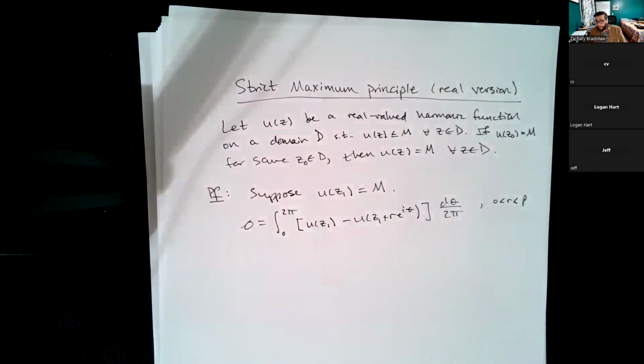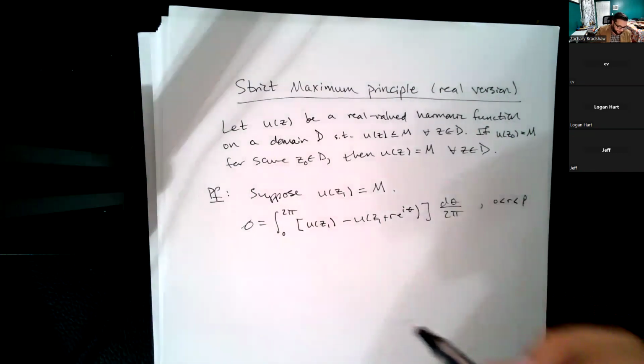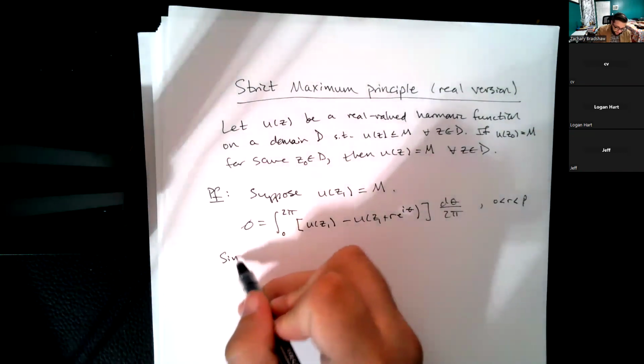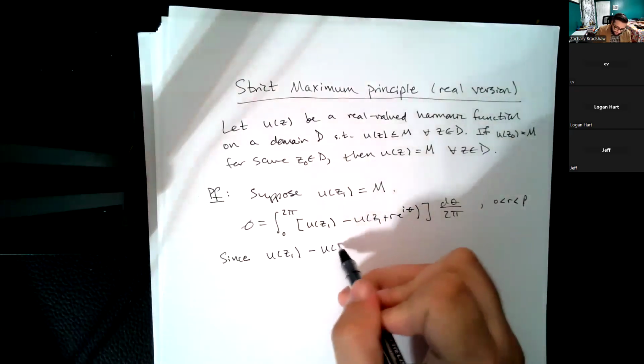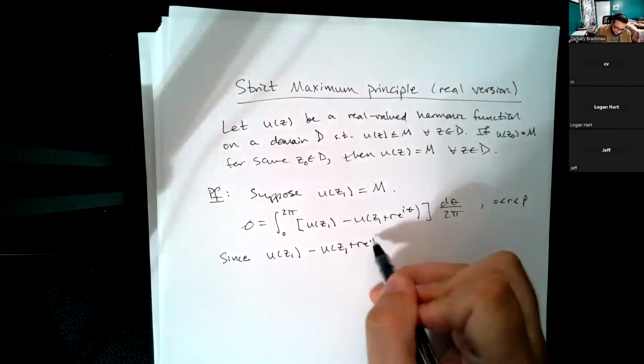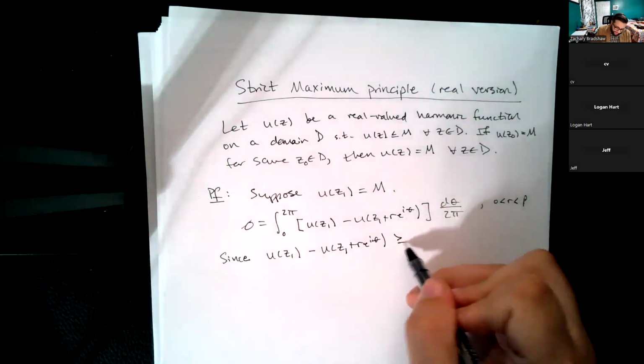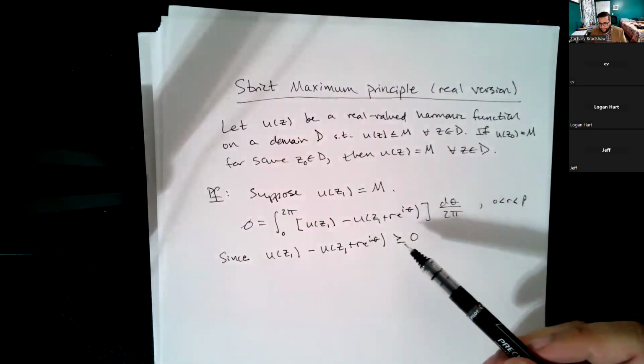So this is the mean value property that we just proved. So since U of z1 minus U of z1 plus r e to the i theta is greater than or equal to 0. So why is that the case?